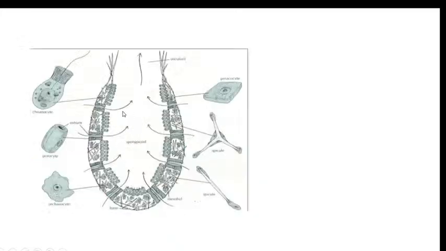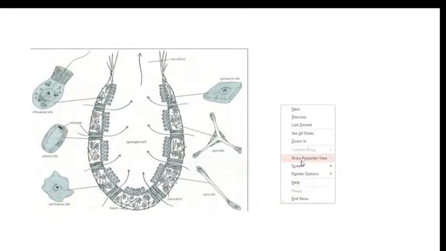This is another, more descriptive picture. This is the sponge, and this is the spongocele. The body has a large number of openings called the ostia, and this arrow shows the direction of water entry. The water enters from outside through the ostia into the spongocele.